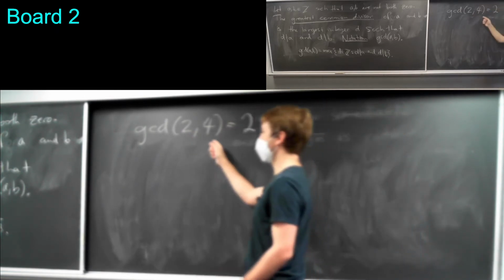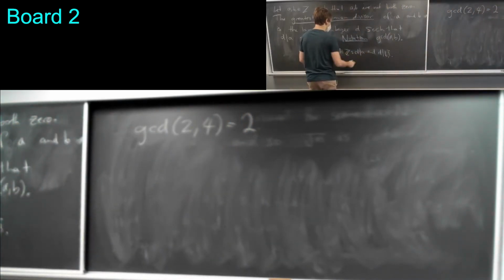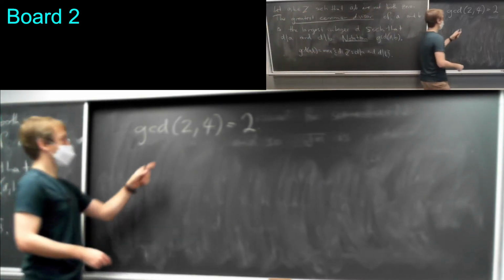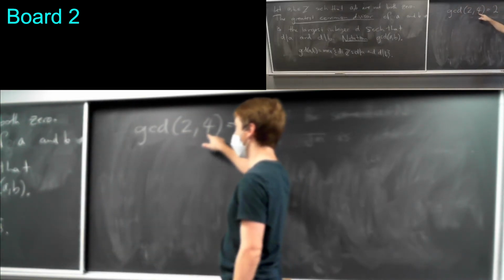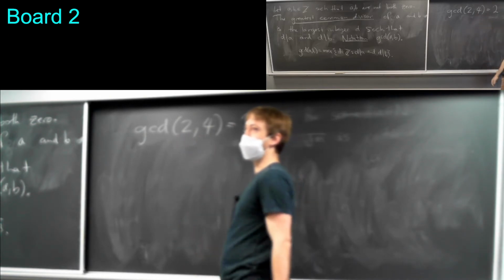We're trying to find the biggest number that goes evenly into A, which divides A with no remainder, and divides B with no remainder. So 2 goes into 2 with no remainder, 2 goes into 4 with no remainder, but 4 doesn't go into 2 with no remainder, right?